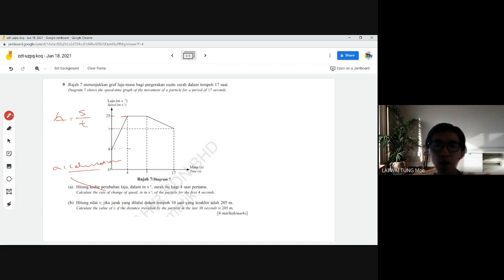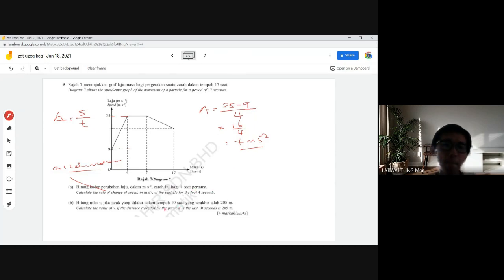So to find the acceleration, take the final speed minus the initial speed divided by time, which is 4 seconds. You will get 16 divided by 4. Answer is 4. This is the answer for question A. Very easy, direct question.